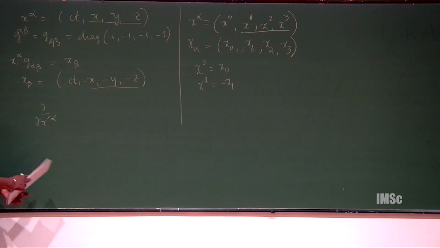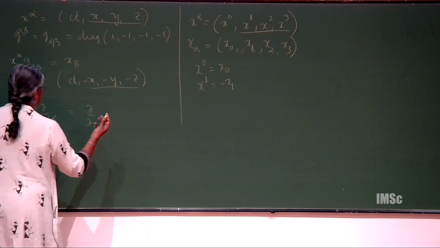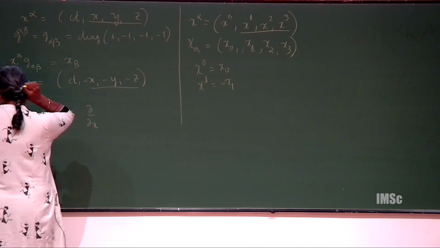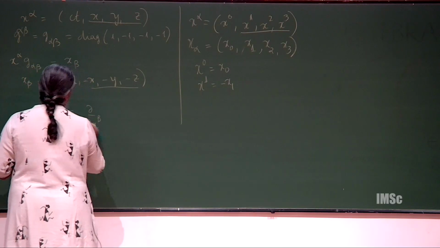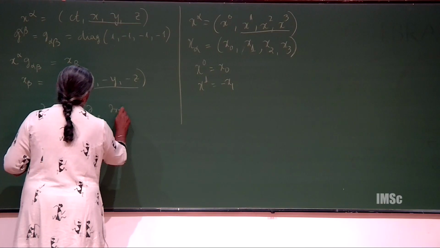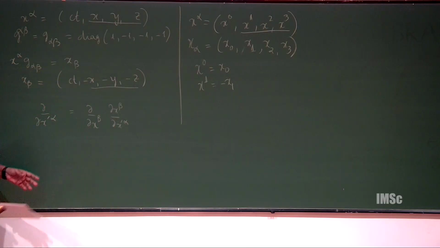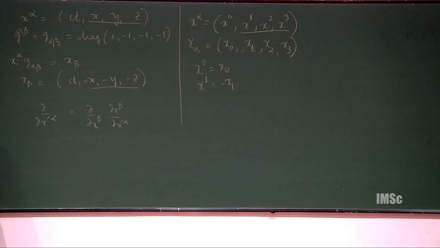So how will I do it? This will be equal to d by dx, what index will I use? Let's call it beta, because I don't know that it will be the same, times dx beta by dx prime alpha, right? It is exactly like d by dt prime is d by dt into dt by dt prime, right?